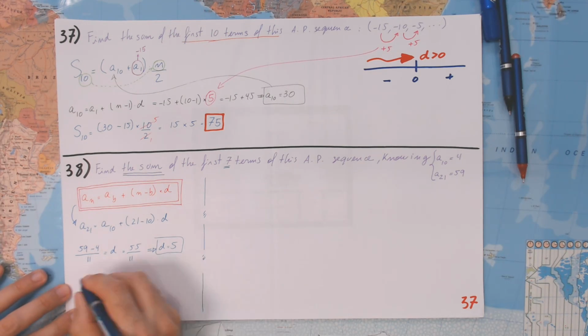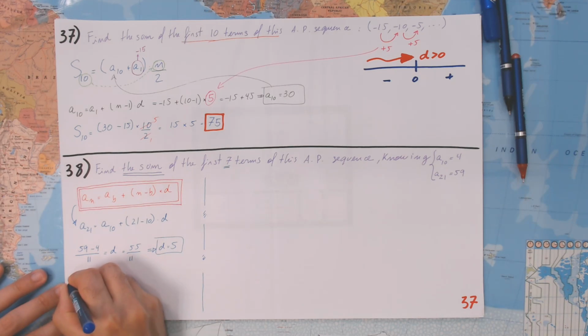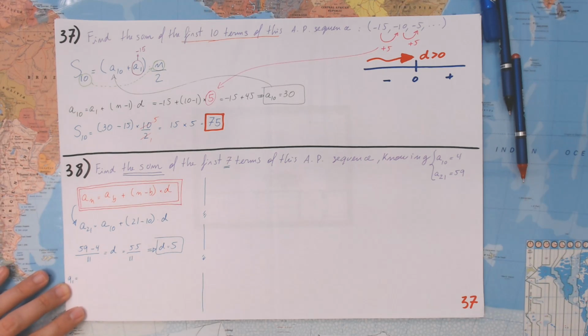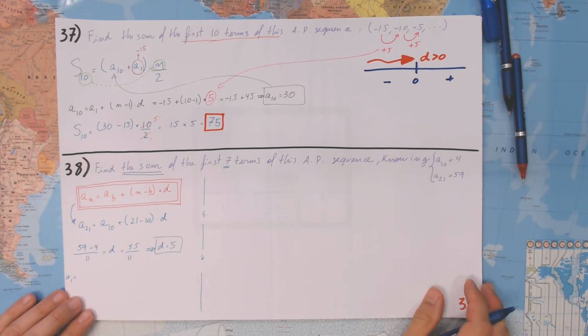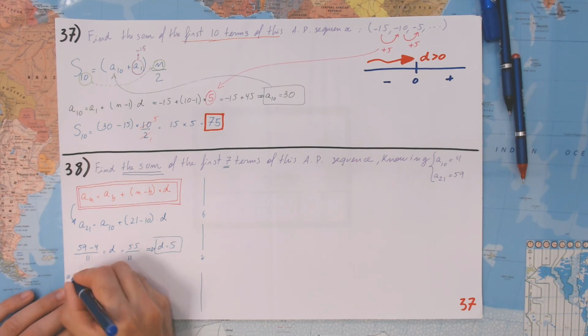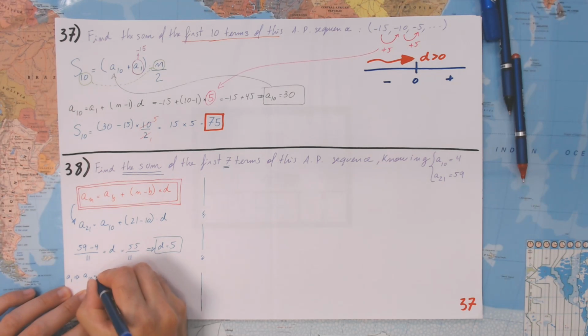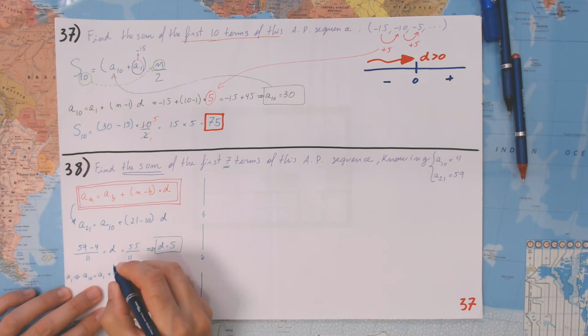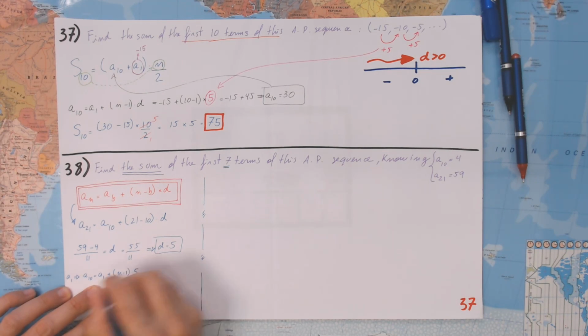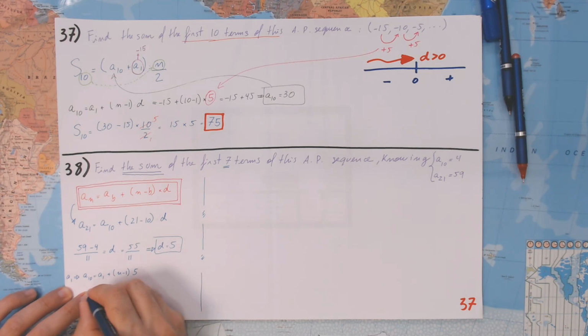What is going to be the first term, A1? I'm sorry, let me correct. Okay, it's done. Well, how can we get A1? We are going to get it from A10, for instance. A10 is A1 plus n minus 1 times D. Now D is 5, let's just plug in D. Therefore A1 is going to be A10, which is 4, minus n minus 1.